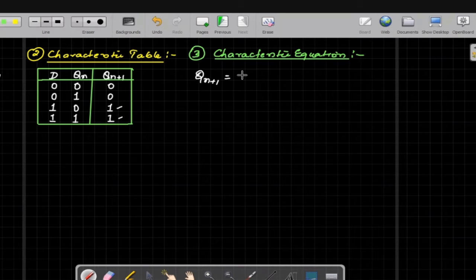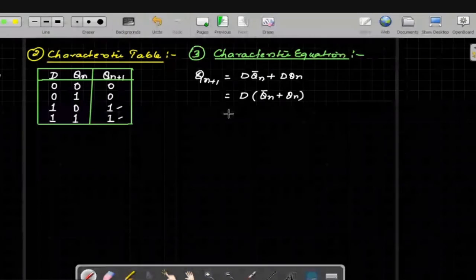The first one corresponds to D Qn bar, plus the second, D Qn. Can you take D common? When you take D common, what is left over in the bracket? It is Qn bar plus Qn. And what is this Qn bar plus Qn?